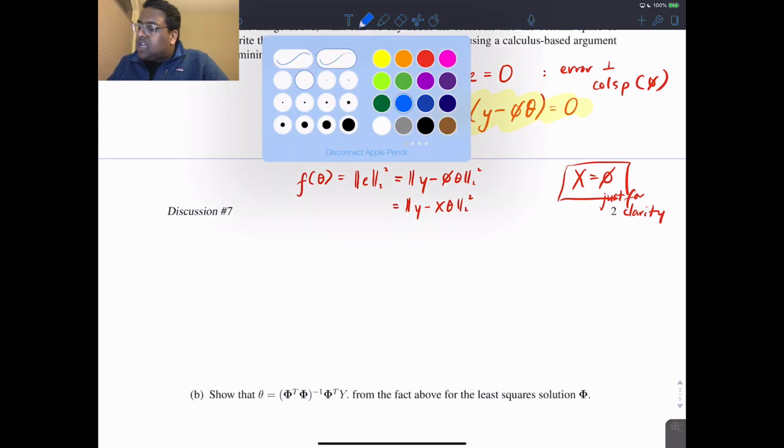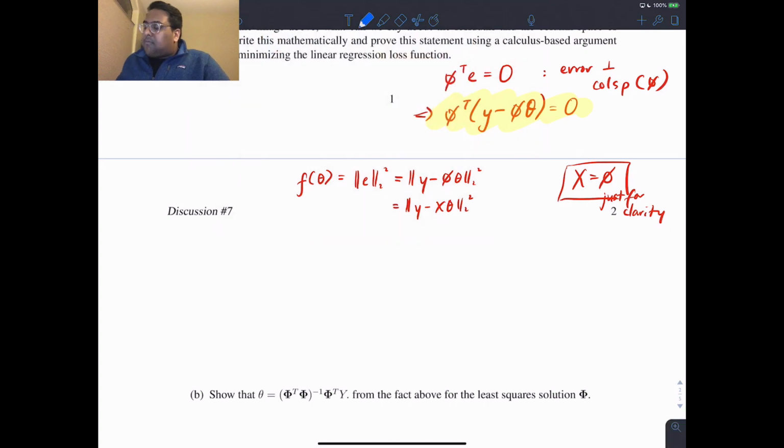Okay, so before proceeding, we need a couple facts about gradients revolving around matrices. The first, which we've sort of already seen, is that the L2 norm squared of a vector is equal to that vector transpose itself, which is also equal to the standard dot product that you're used to seeing. Great.